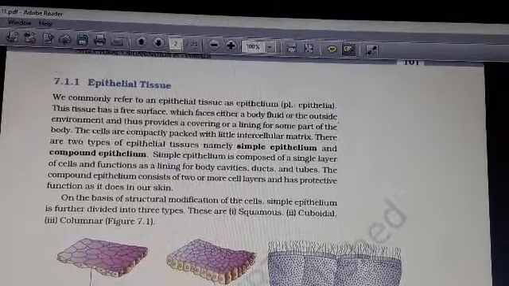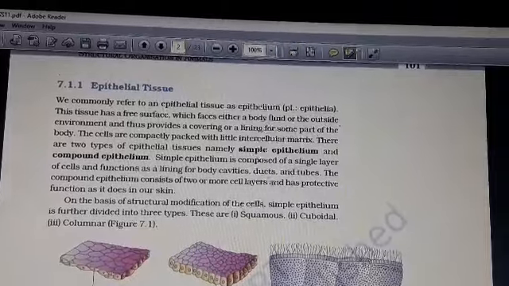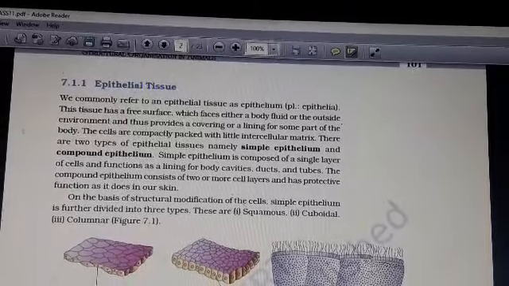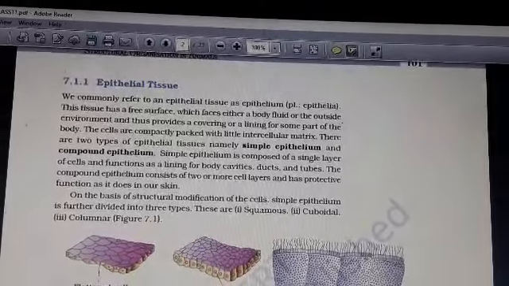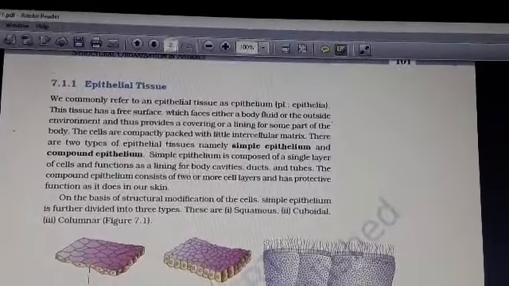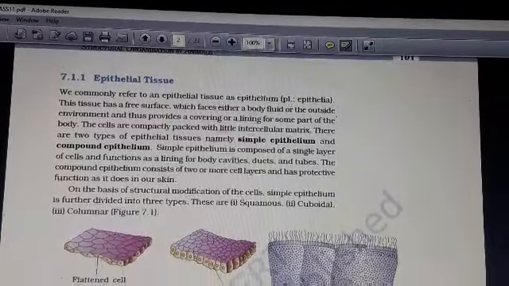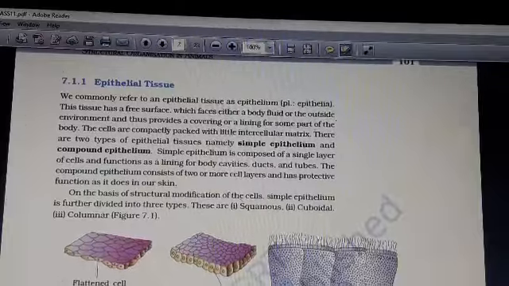Now on the basis of their structural modification, epithelial tissues are divided into 3 types: squamous, cuboidal and columnar. But according to their number of layers, they are divided into 2 types, simple epithelium and compound epithelium.